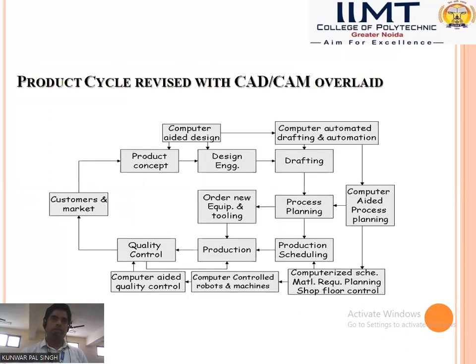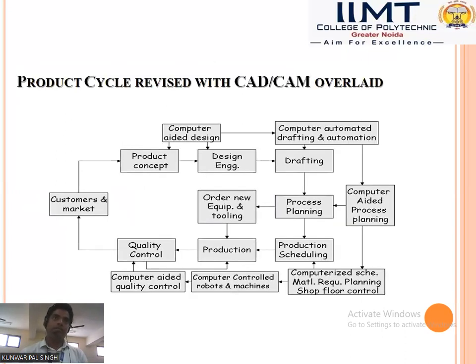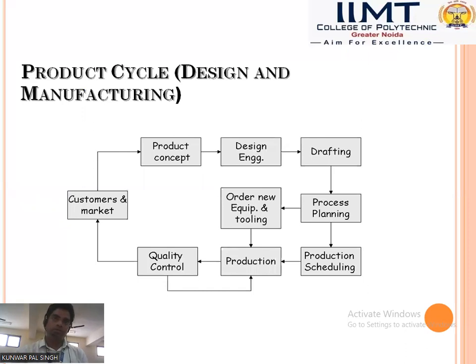We see here two charts. The first chart shows the product cycle in design and manufacturing, and the second chart shows the product cycle revised with CAD CAM overlay. In the very first chart, we do not use CAD CAM.